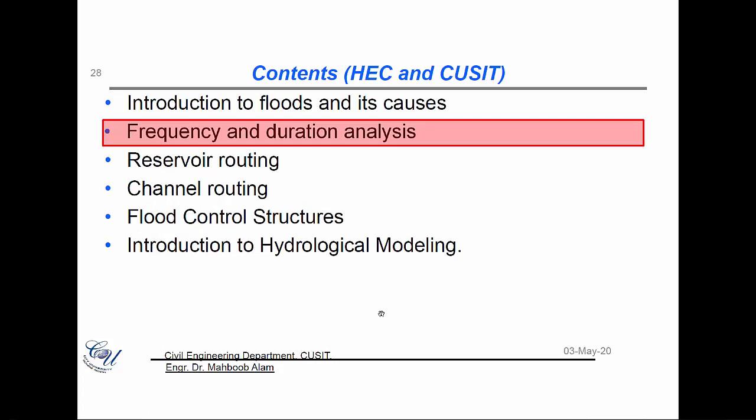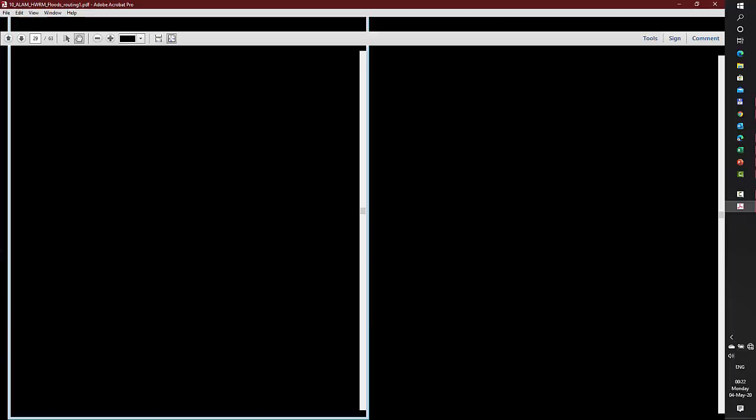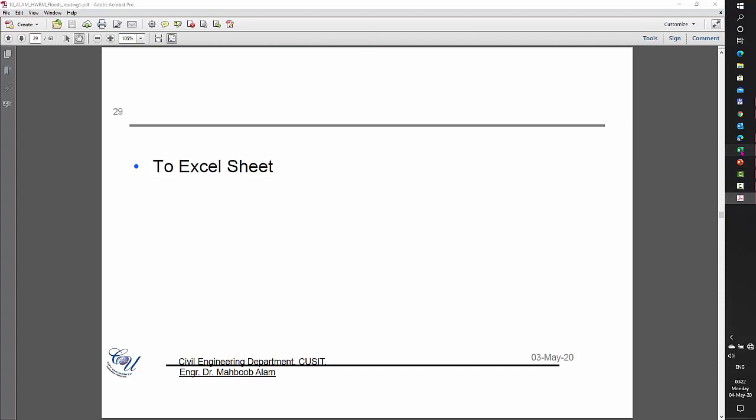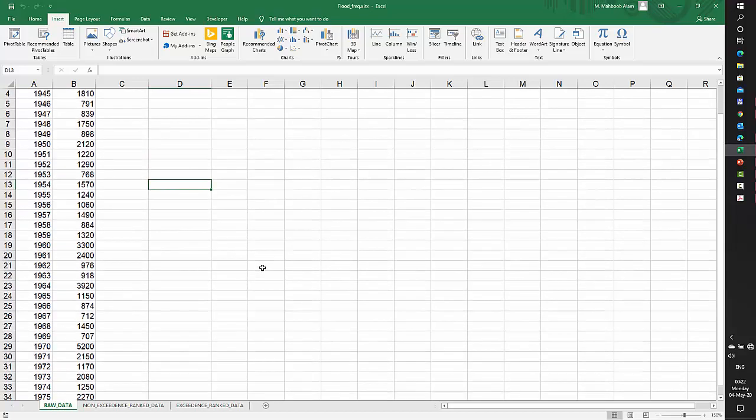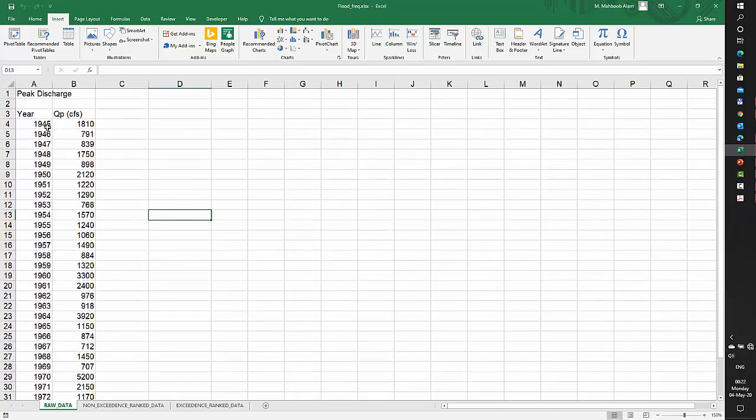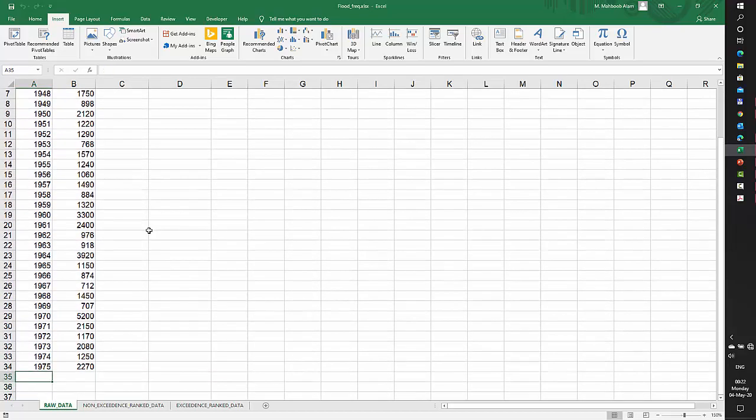Okay, the next is then the frequency and duration analysis. We have to turn to the Excel sheet for that. And we look at a certain data. For example, let's say this is the data that we have for different years. You have certain discharge values in cubic feet per second from 1946 to, let's say, 1975.